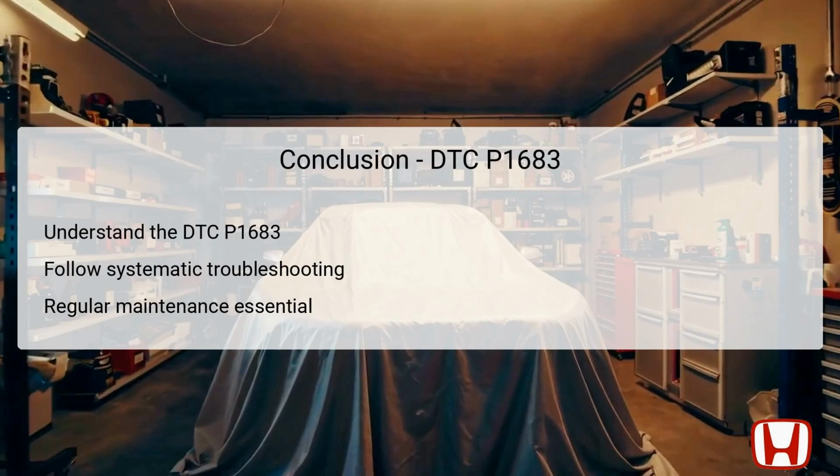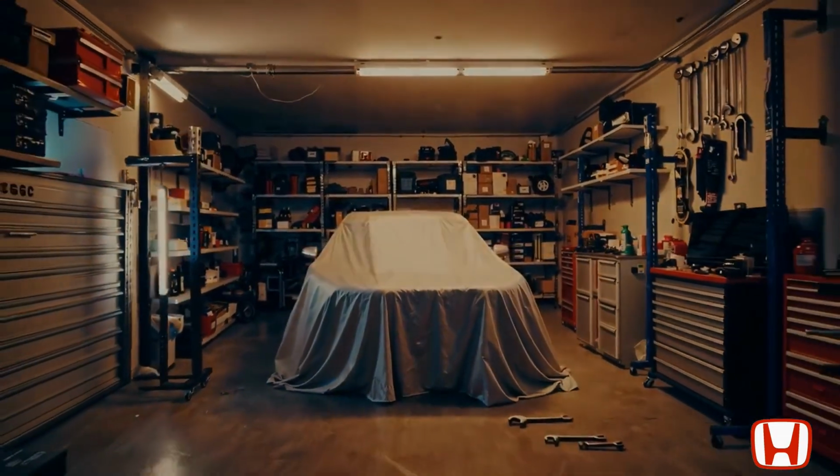Additionally, recognizing the potential causes and symptoms can help diagnose the problem before major repairs are needed. Regular maintenance practices, such as throttle body cleaning and electrical inspection, play a crucial role in preventing future occurrences of this error code. Ultimately, implementing these guidelines not only ensures a smoother driving experience, but significantly enhances vehicle reliability and performance.